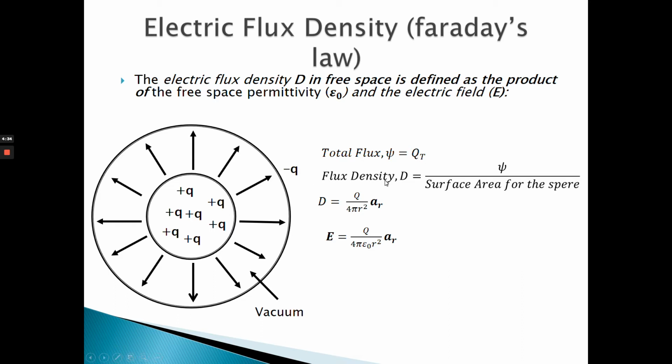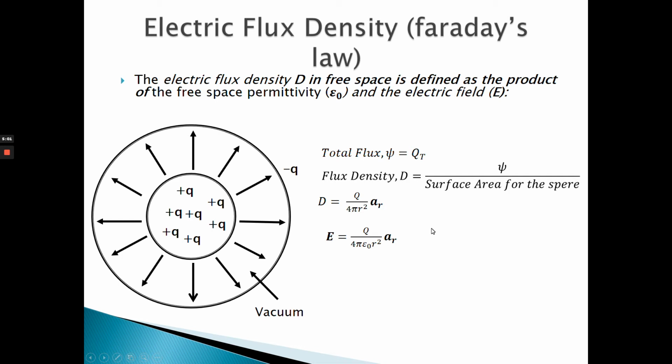Now from the density we can say that we usually calculate it as a surface density. So the flux density D, which we have already defined, is equal to psi divided by the surface area of the sphere.